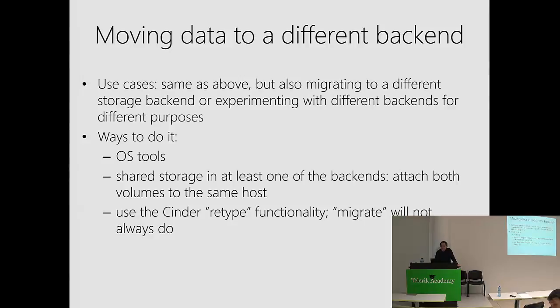Or, when I said that migrate is not the best way to do that within OpenStack, I meant the somewhat recent addition, the volume retype functionality in Cinder, which is actually, as of now, pretty much the best way to change the metadata of a volume, including the type of the storage that its data is actually on.